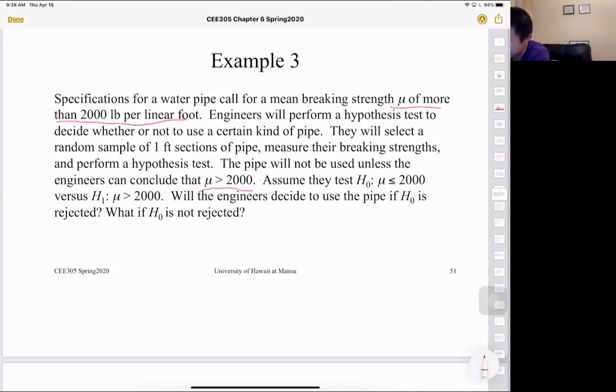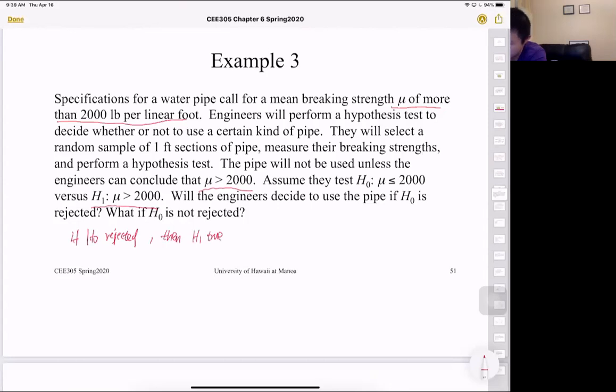H0, the null hypothesis, is mean value less than or equal to 2,000. The equality goes to H0, that's good. So H1 will be mean value larger than 2,000. Will the engineer decide to use the pipe if H0 is rejected? If H0 is rejected based on the calculation, then we can see H1 is true.